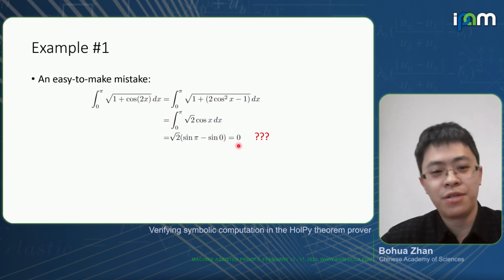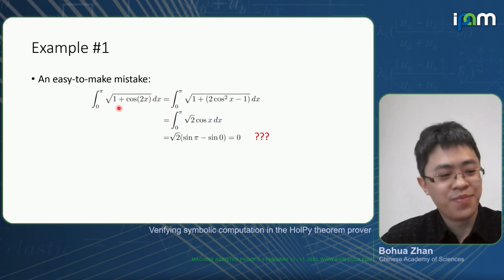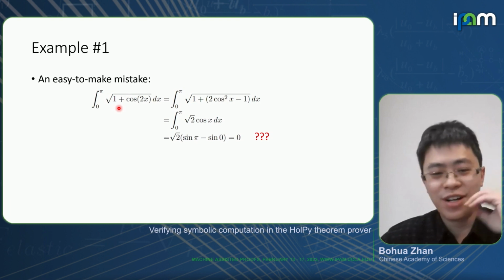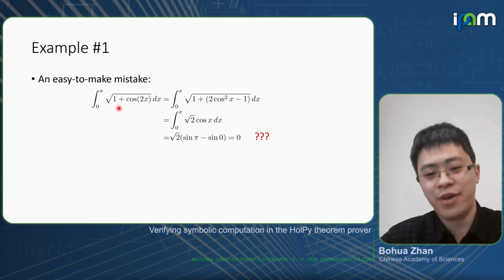Of course, the answer here is not 0, because we are integrating from 0 to pi, and the integrand is clearly positive in the entire region. I hope I won't try to test everyone here, because many of you are professional mathematicians, and I believe that many have certainly seen what is wrong here.